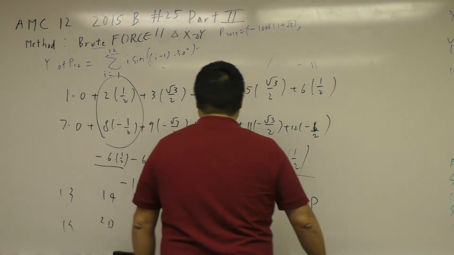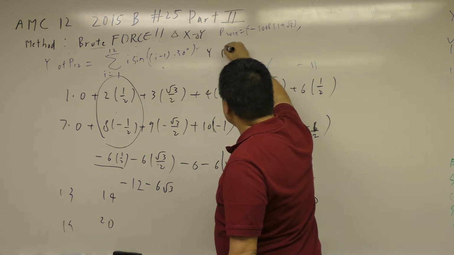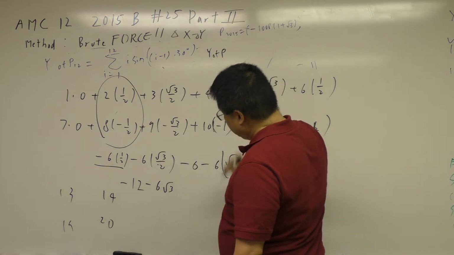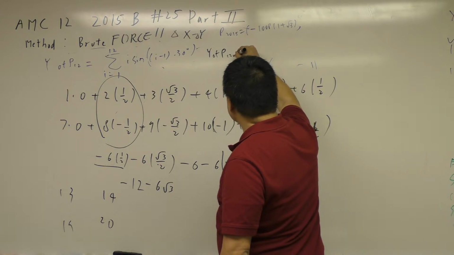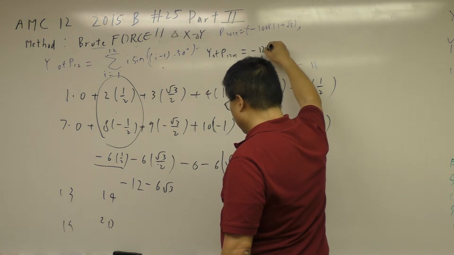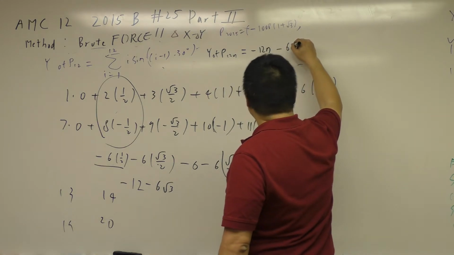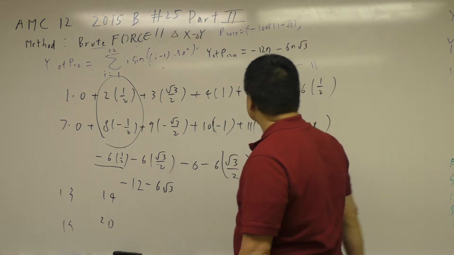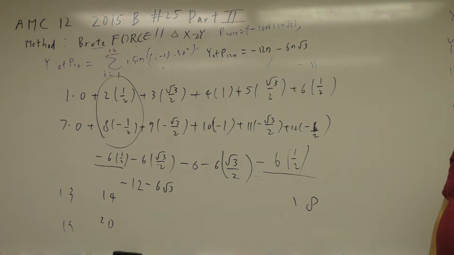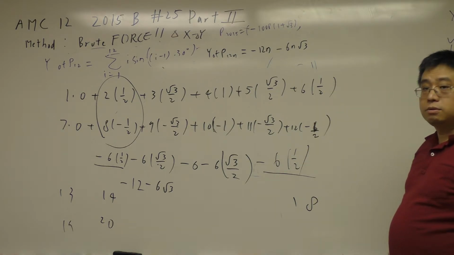So, the generalized y coordinate for point P, again, since it's 12, 12n would look like minus 12n minus 6n times square root 3. So there we are, the generalized y coordinate.